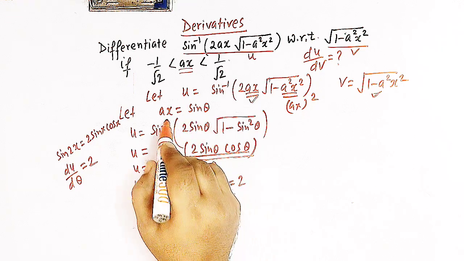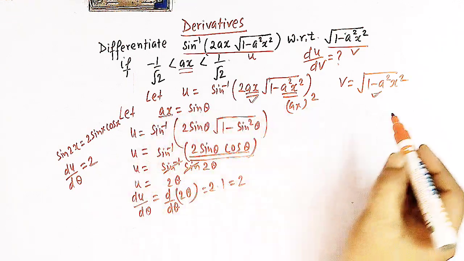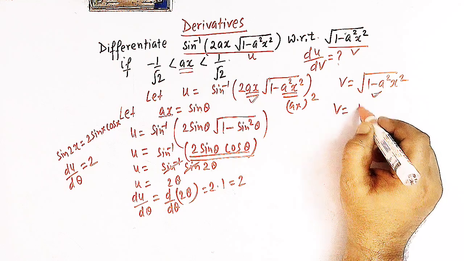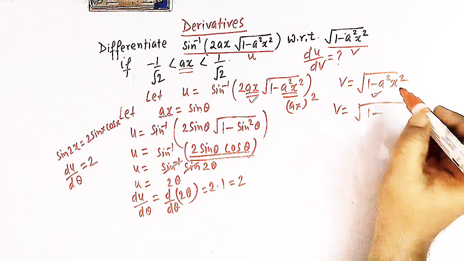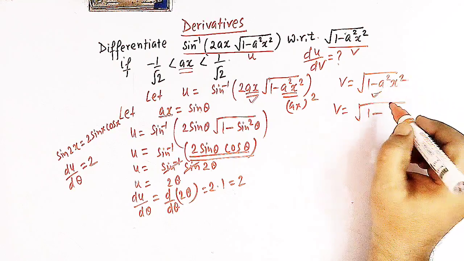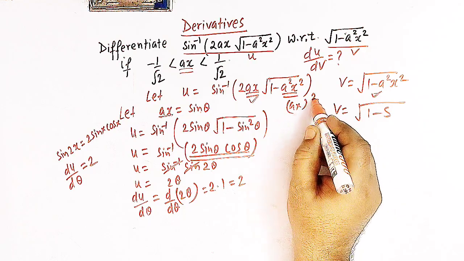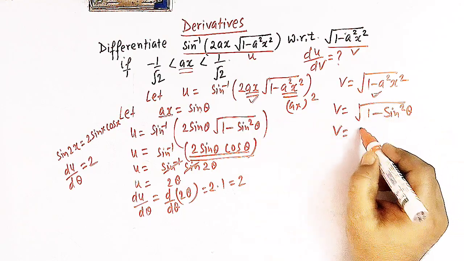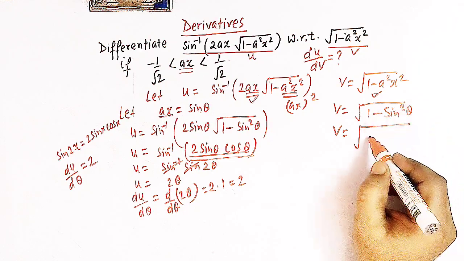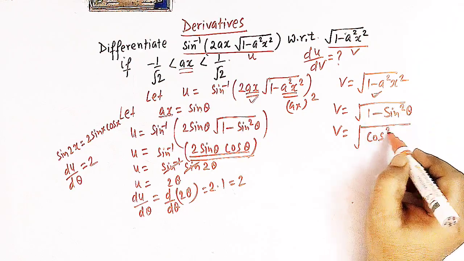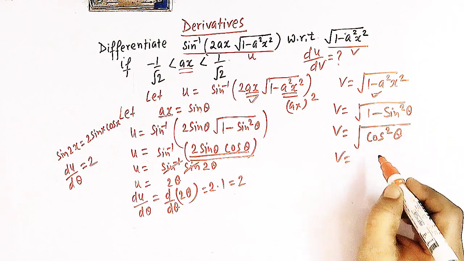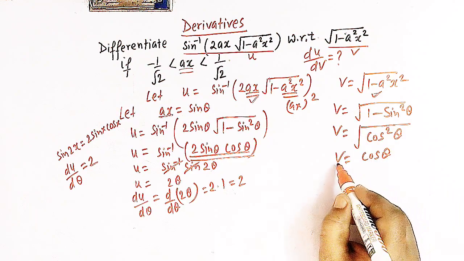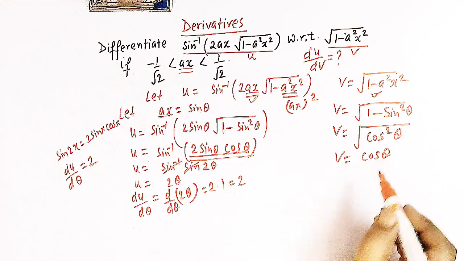Now let us substitute ax equal to sine theta in v. So v is equal to square root of 1 minus a square x square, which is 1 minus sine square theta, and 1 minus sine square theta is cos square theta, so v is simply cosine theta. Let us differentiate v with respect to theta.